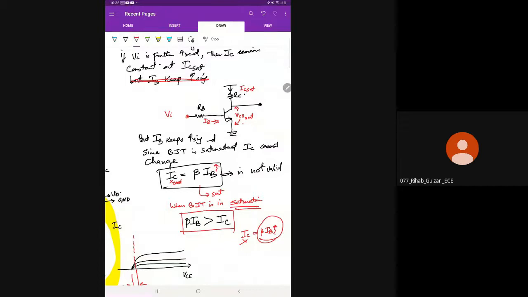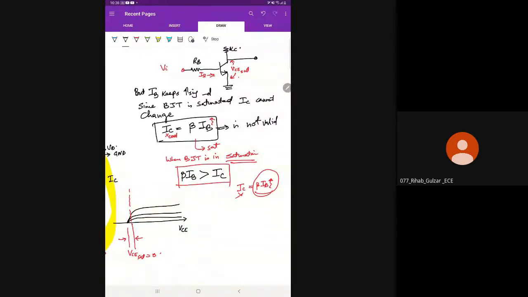Okay, so then we can rearrange this equation. We can say that IB is greater than IC by beta, or IC is less than beta times IB. These are just rearrangements of our equation. So in saturation region, please note it down.